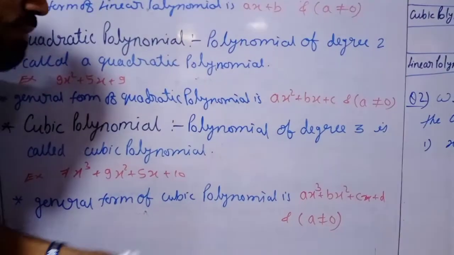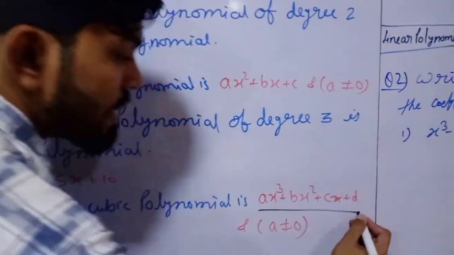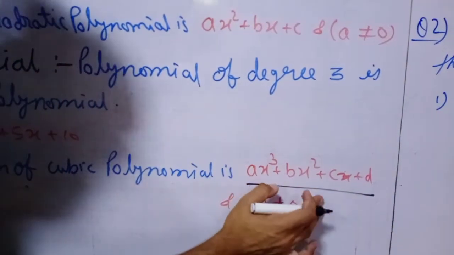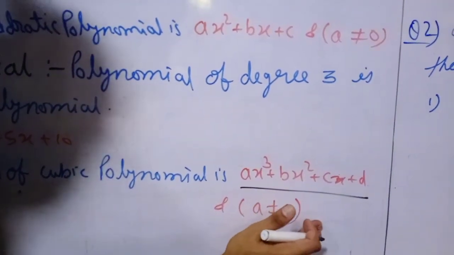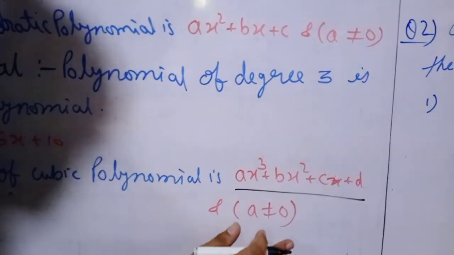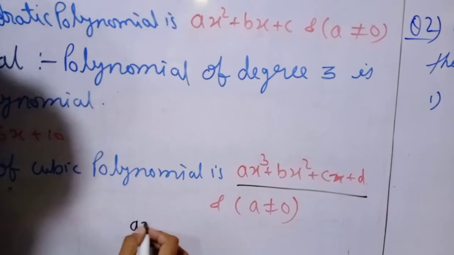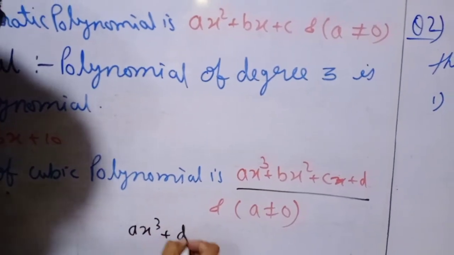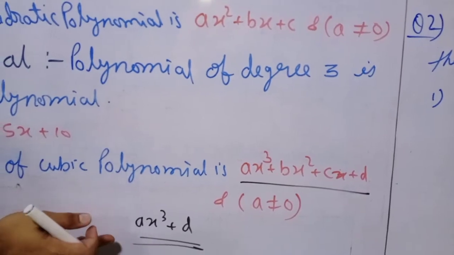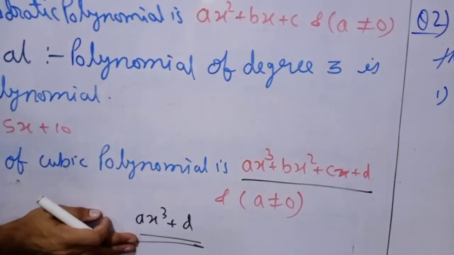This means here you can see the degree is 3, that means that is a cubic polynomial. That is the general form. Always, it's not necessary that all of 1, 2, 3, 4 terms are there. It could be like ax cube plus d. This is also a cubic polynomial, but it's not in general form.